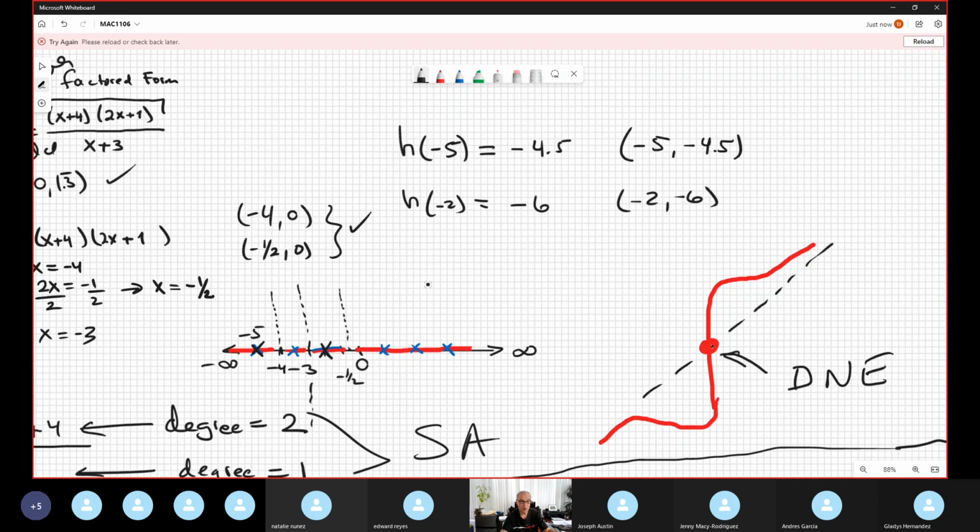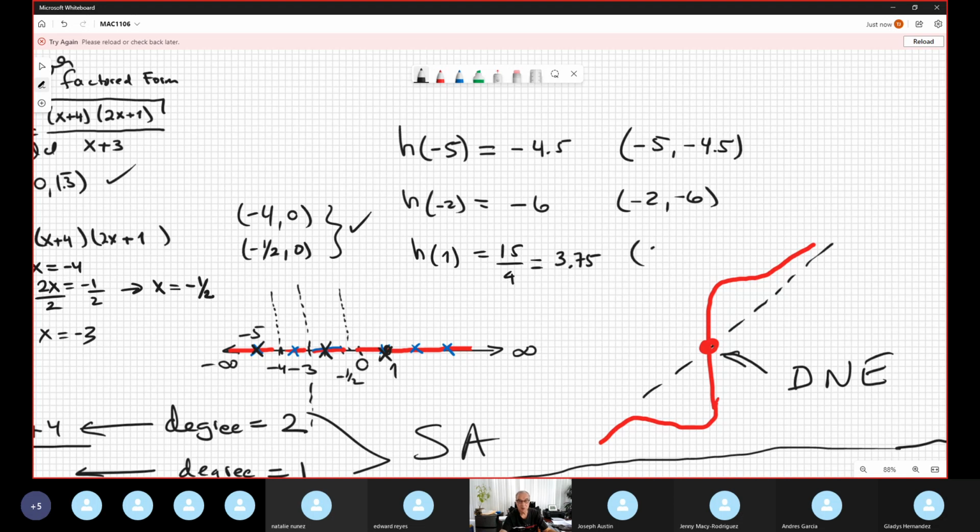I pick in my paper +1. What is this? And the answer is 3 point, well, actually 15/4. 15/4 in decimal is 3.75.